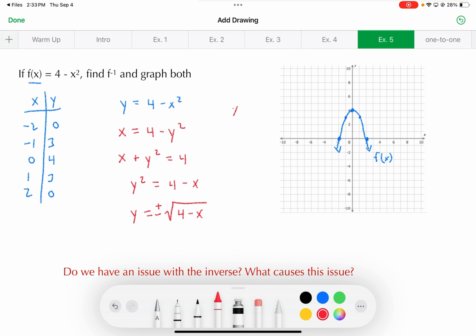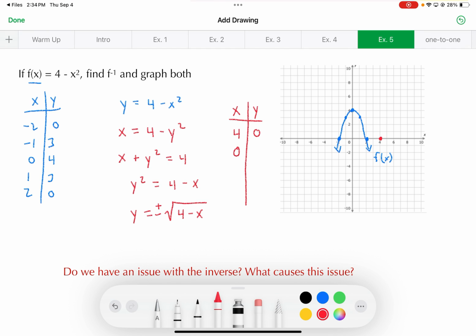Okay, so let's do a table here for this one. Okay, so let's say I plug 4 in. I get 0 out, right? That's okay. Let's say I plug 0 in. 4 minus 0 is 4.